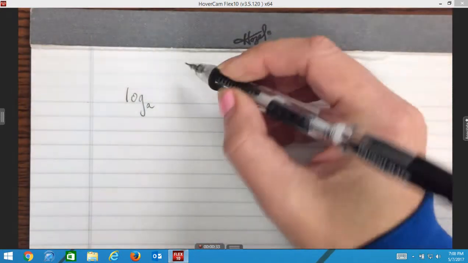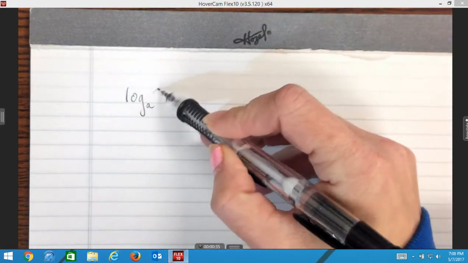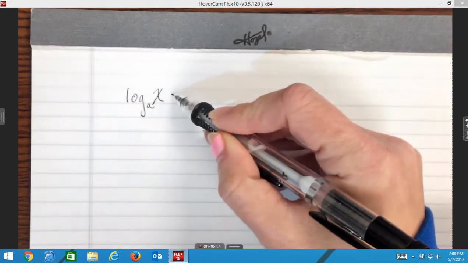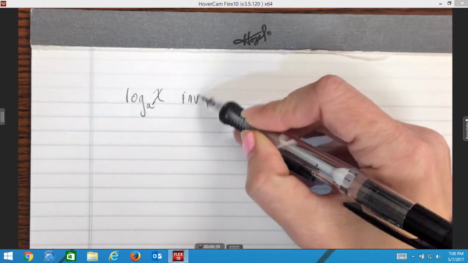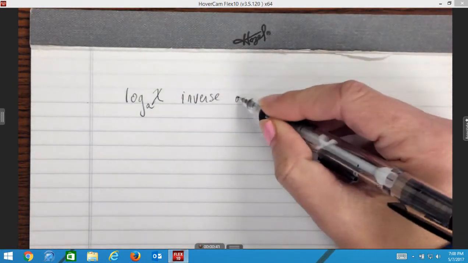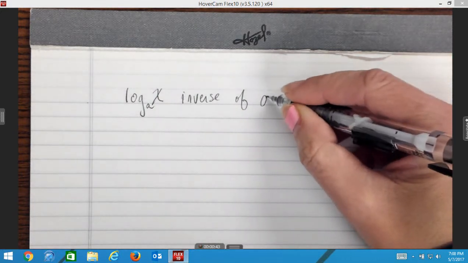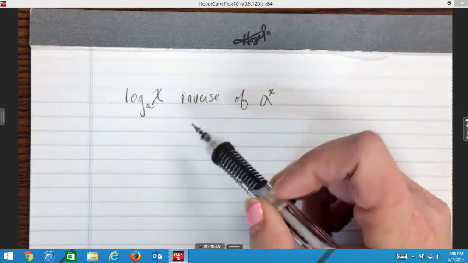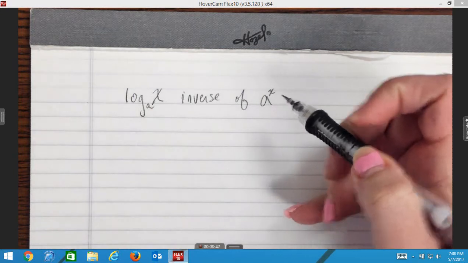These properties come from the log base a of x, which is the inverse of the base to the x power. These are inverses of each other.